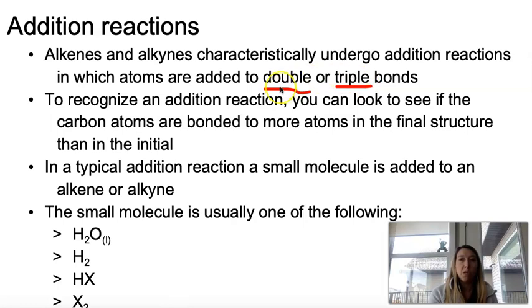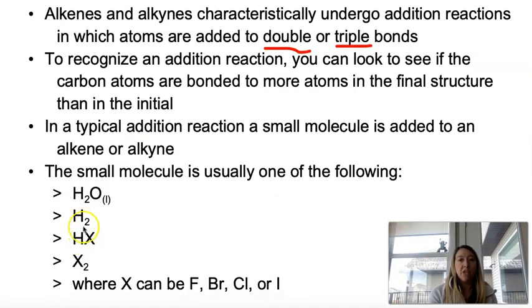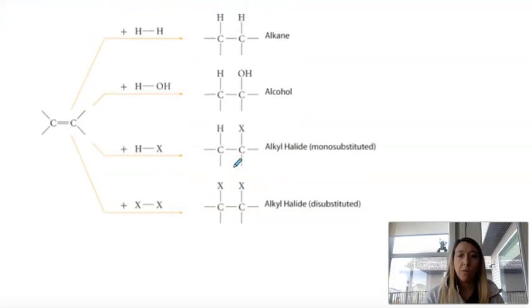That small molecule could be water, hydrogen, an HX, or an X2, where X is any of those halogens that we have talked about. Depending on what your small molecule is, that's going to determine the type of compound that you end up making.